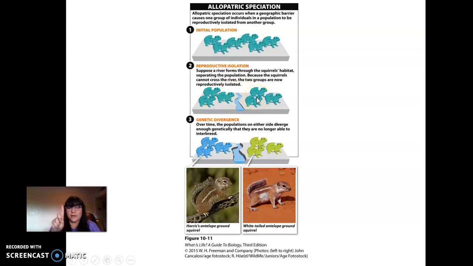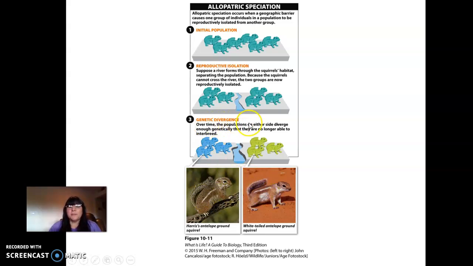So reproductive isolation first. And then over time, there's different ecological stress on this population and on this population, and over time they become different species, okay?